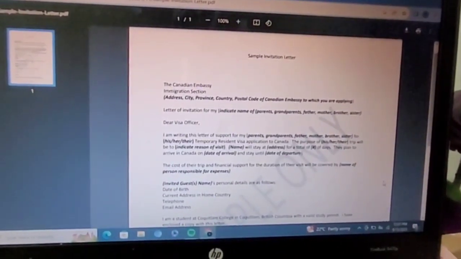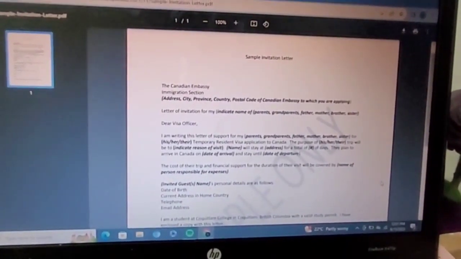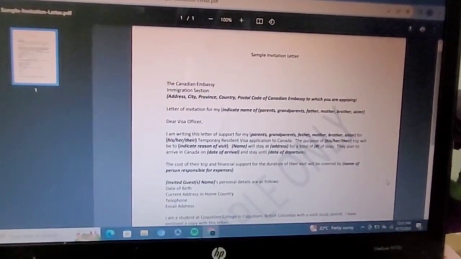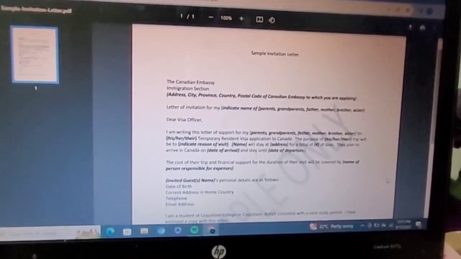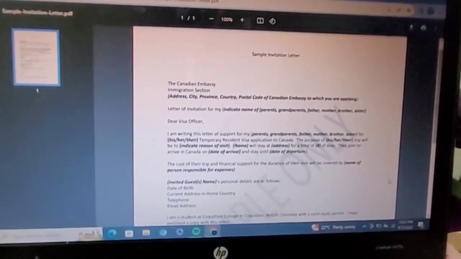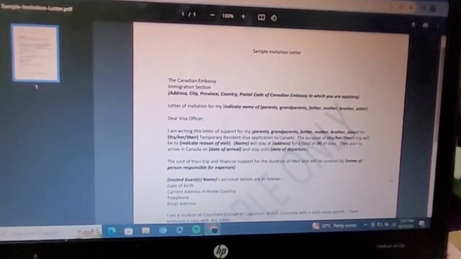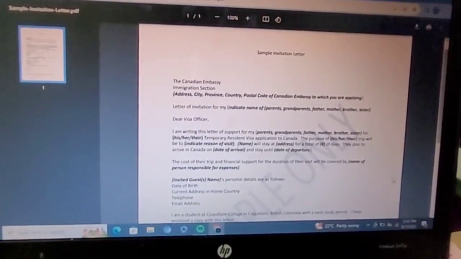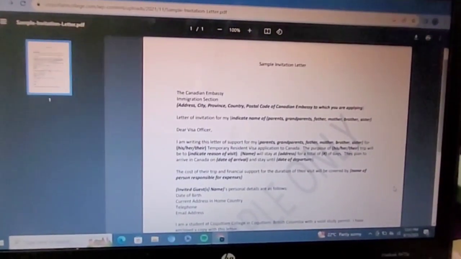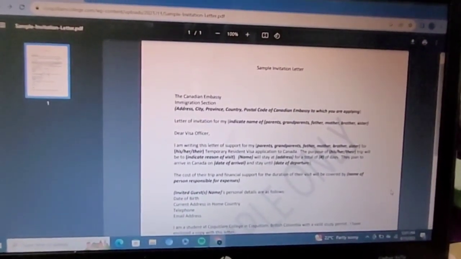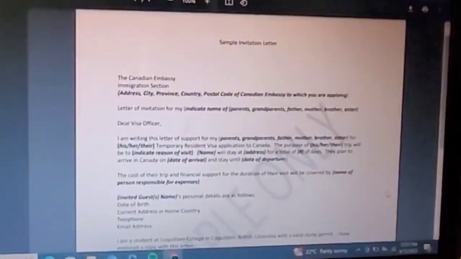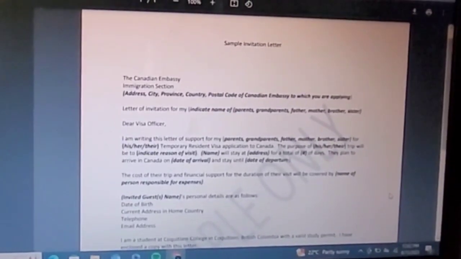So it says, I am writing this letter of support for my parents, grandparents, father, whichever, for his or her temporary resident visa application to Canada. That's the reason why you're writing this letter. The purpose of his trip, I'm going to refer to this person as a male, and his name is John. So the purpose of John's trip will be, and you tell the reasons. John will stay at, and you tell the address.